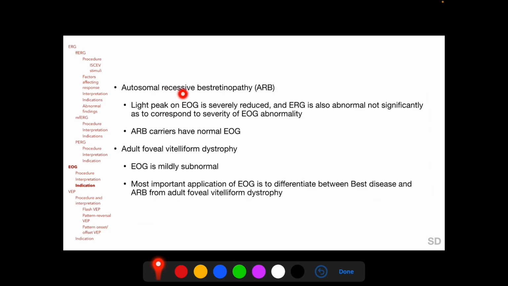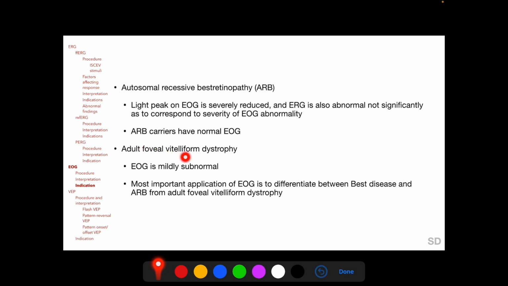In autosomal recessive bestrophinopathy or ARB, which also occurs due to a mutation in the BEST1 gene, the light peak on EOG is severely reduced, but the ERG is also abnormal and is not completely normal like Best disease. But the abnormality in ERG does not correspond to the severity of EOG abnormality. But ARB carriers have a normal electro-oculography response.